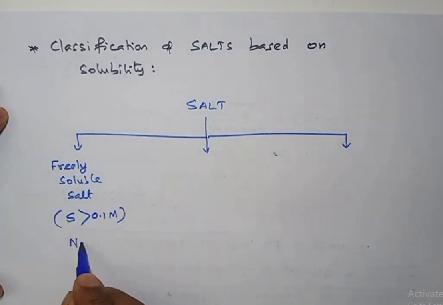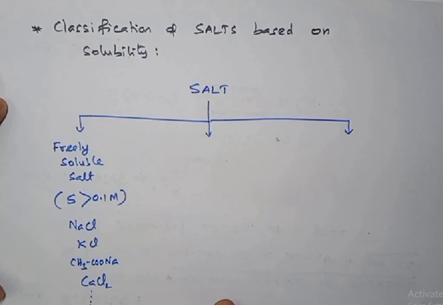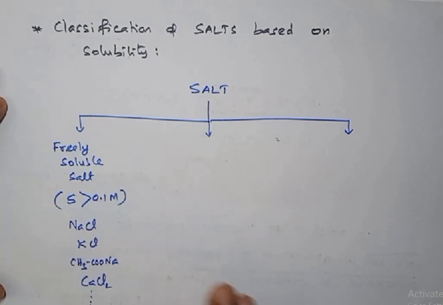There are many salts like sodium chloride, potassium chloride, sodium acetate, calcium chloride, etc. These salts are freely soluble in water. Their solubility value will be greater than 0.1 molarity.